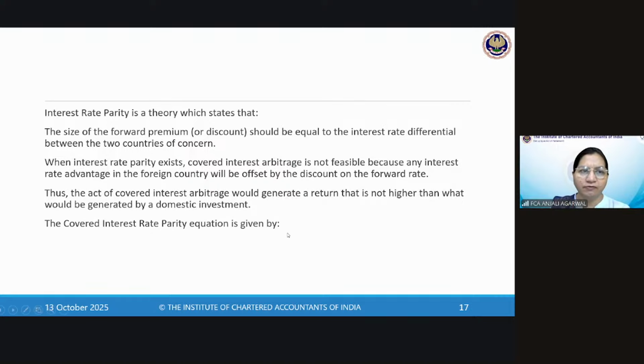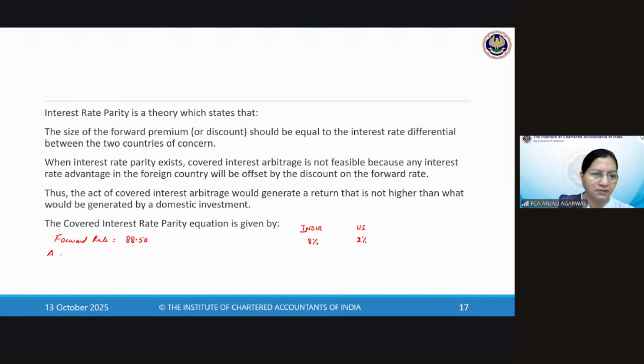So, firstly, let's say the forward rate was also 88.50. What would happen? India has an interest rate of 8%. US will have an interest rate of 2%.